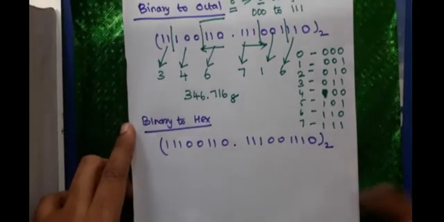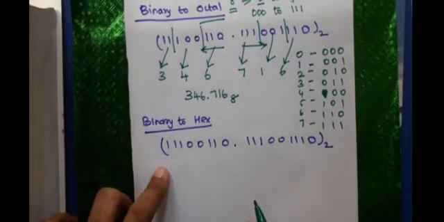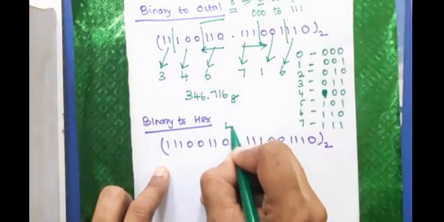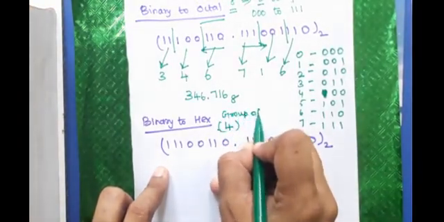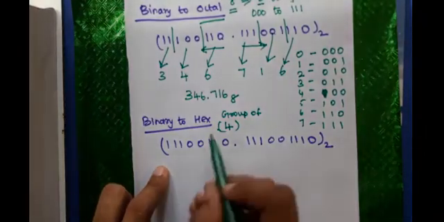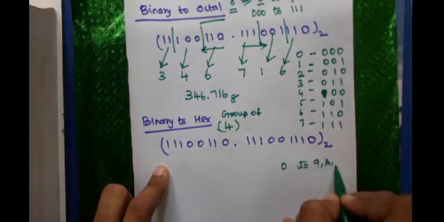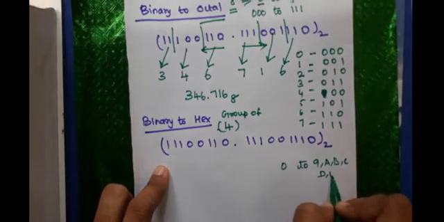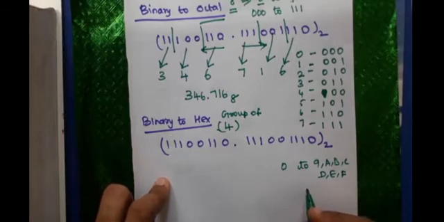Similarly, I can also convert a binary number into a hexadecimal number by grouping the bits in 4. Group of 4. Why group of 4? Hexadecimal number has symbols from 0 to 9 and A, B, C, D, E and F. That is, there are 16 different symbols.